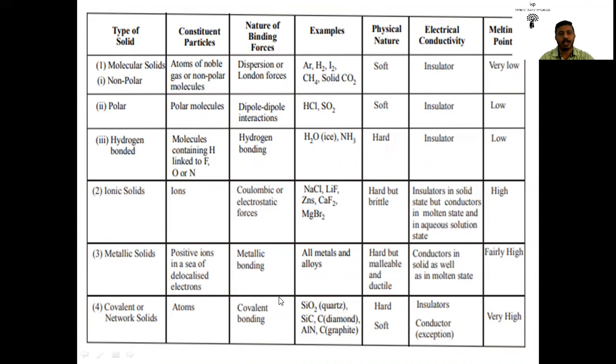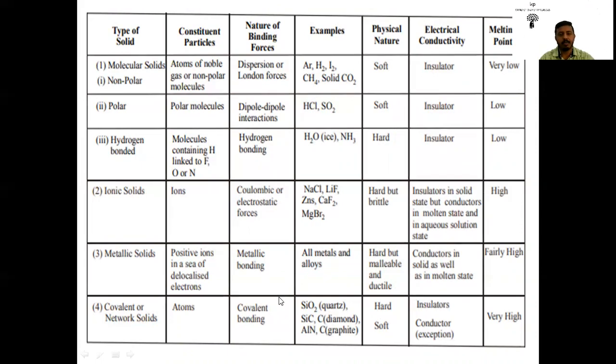The first type, molecular solids, are further classified into three different types: non-polar, polar, as well as hydrogen bonded. In non-polar molecular solids, the constituent particles are non-polar atoms, or noble gases, or non-polar molecules.